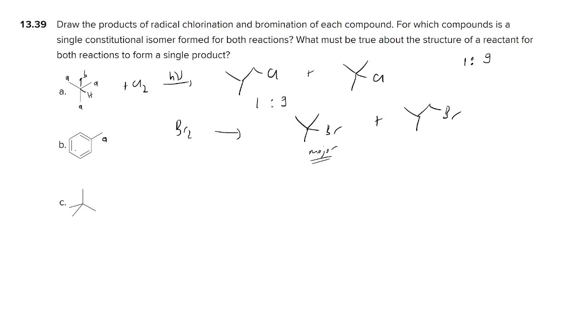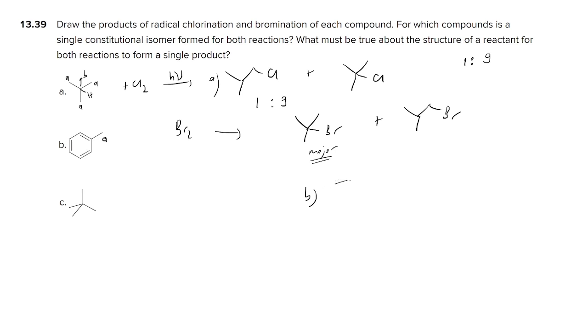But the aromatic hydrogens are not reactive in radical chlorination and bromination reactions, because we cannot form a stable radical on aromatic carbons. So for that reason we only have a reaction at A. So let's write here, this was for A.